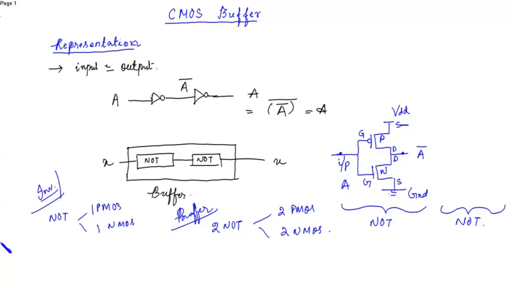Before going to the schematic, we have to know the truth table. It is very simple. The truth table of a buffer: suppose this is a buffer circuit.